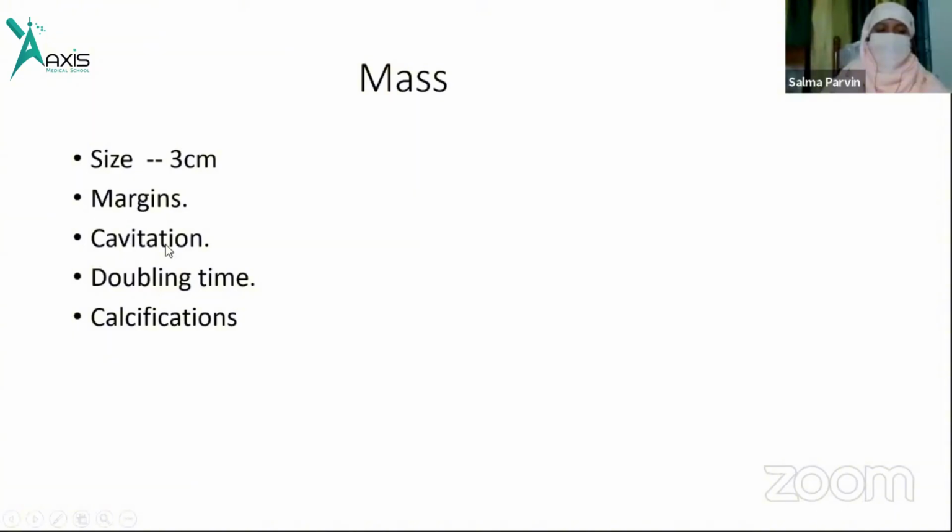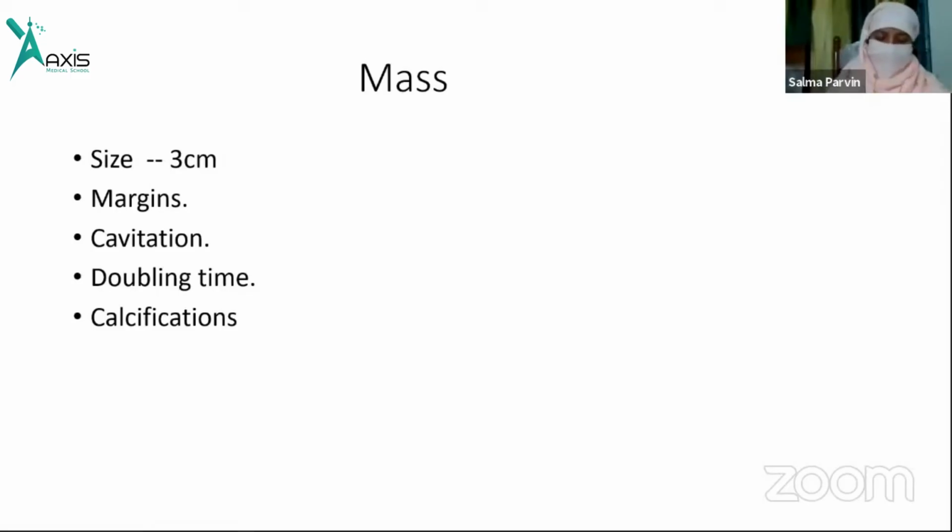The cavitation present in a mitotic lesion is a thick-walled cavity, usually more than 5 millimeters in thickness, and the inner margins are nodular. And whenever we suspect a mitotic lesion, we can follow a doubling time standard for the patient.